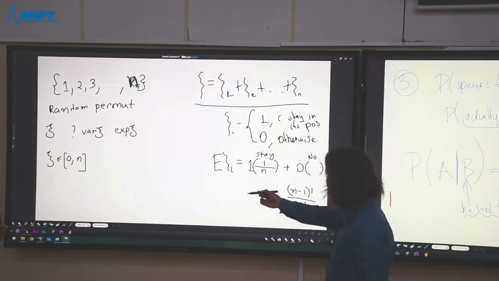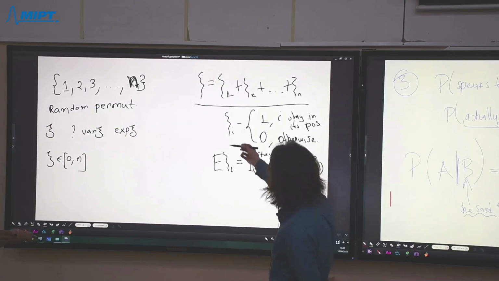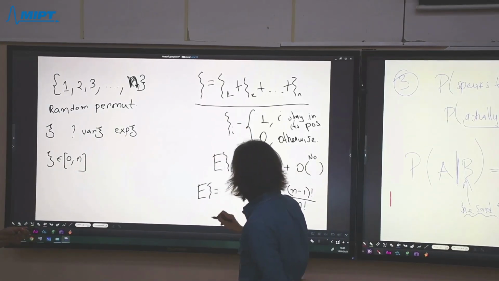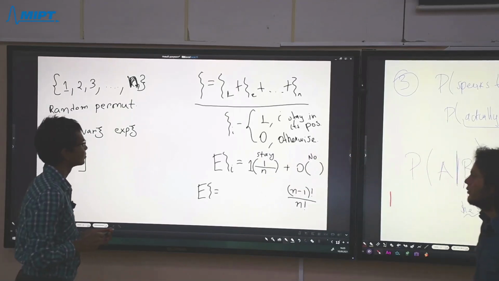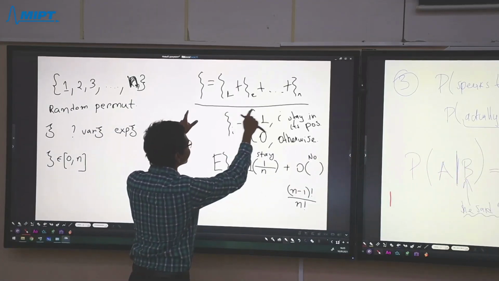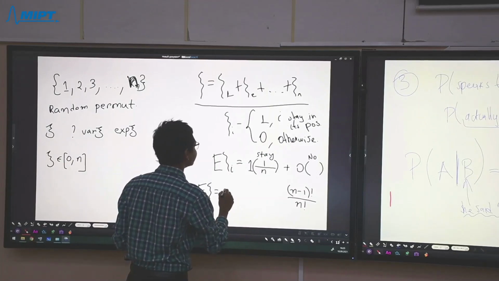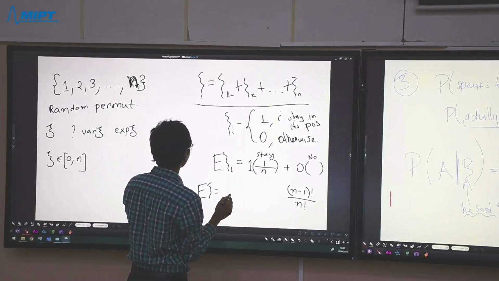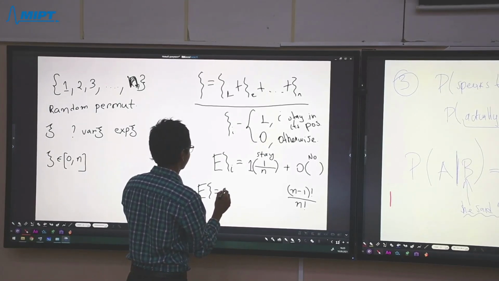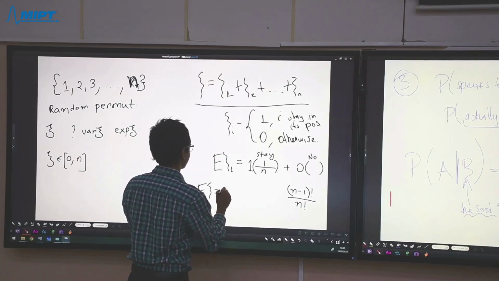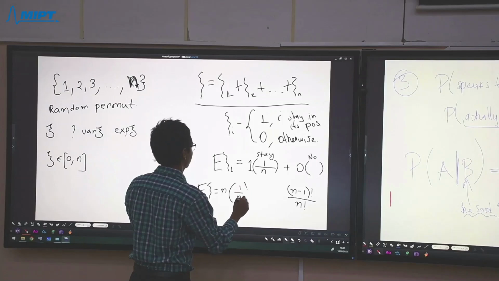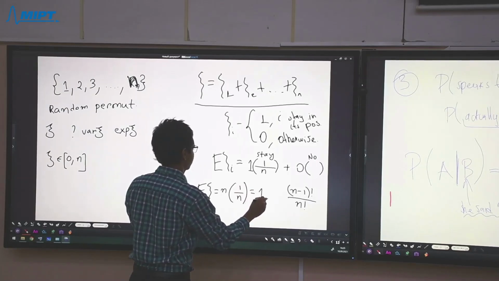Now, if we know this, how can we find the expected value of psi? It is the sum of all of them. So n times 1 over n.